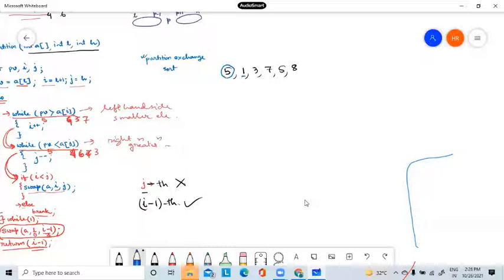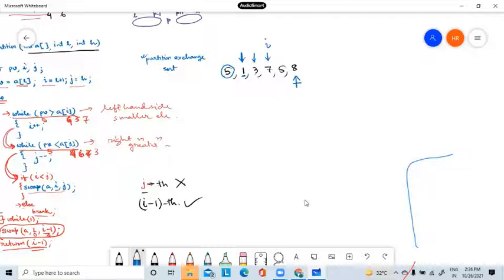This one is smaller than pivot, you will move forward. So this is your I, and suppose this is your j. This one is smaller, so you will move forward. Now I is in this position. This one is also smaller than pivot. I will move forward. Now this one is greater than pivot. I will stop here.